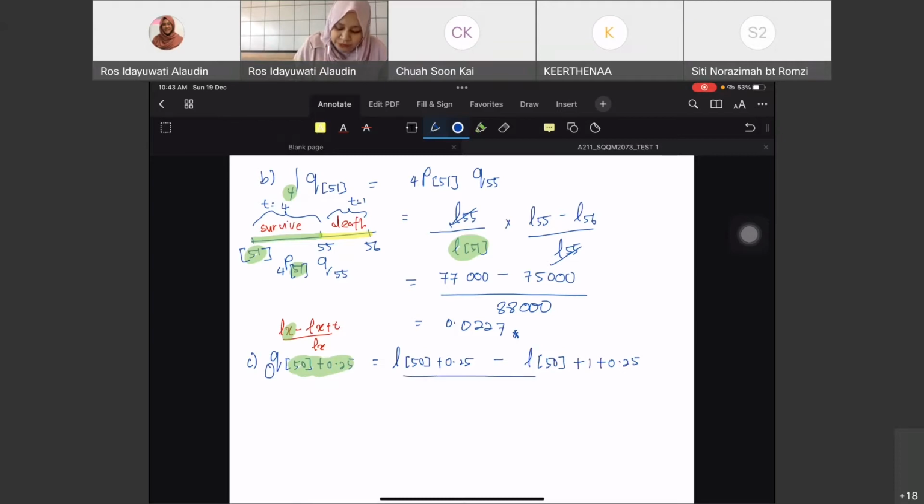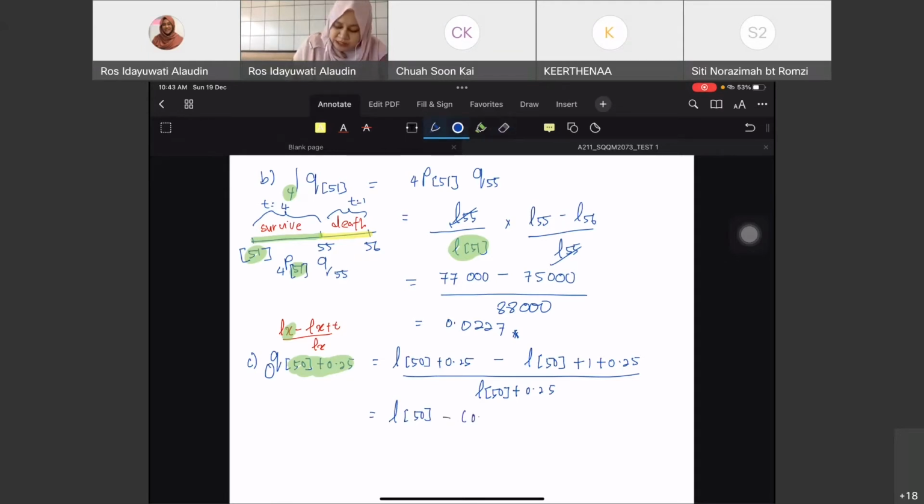So over lx. So lx is l[50]+0.25. So now, under UDD, l(x+t) is lx minus t dx.